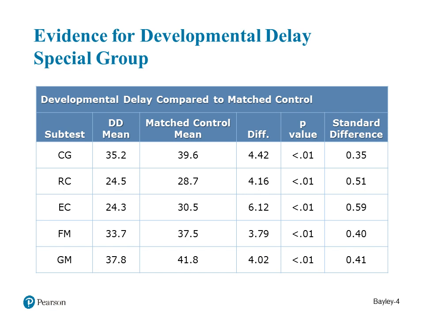I pulled out the information for one of those clinical groups, the developmental delay special group. The Bayley-4 screening test was administered to 57 children identified with developmental delay.